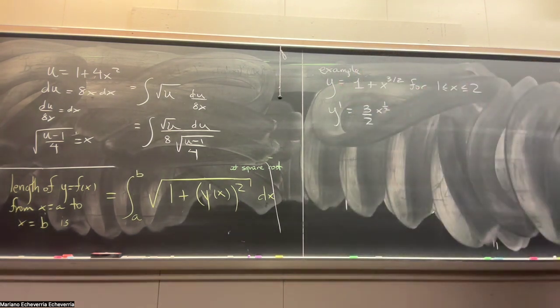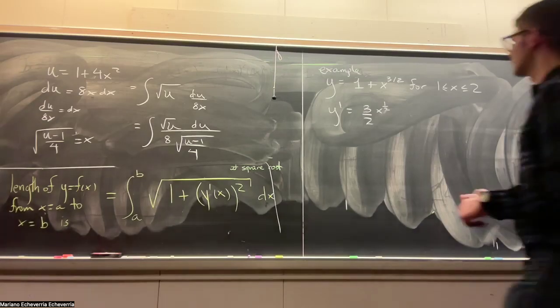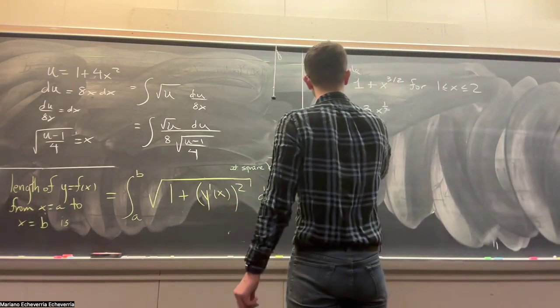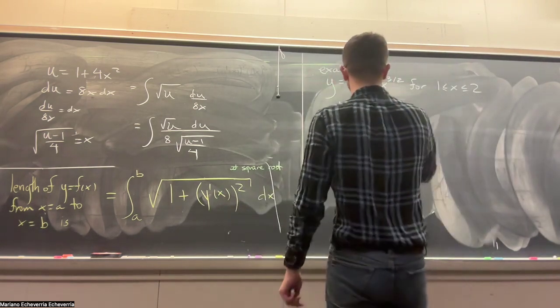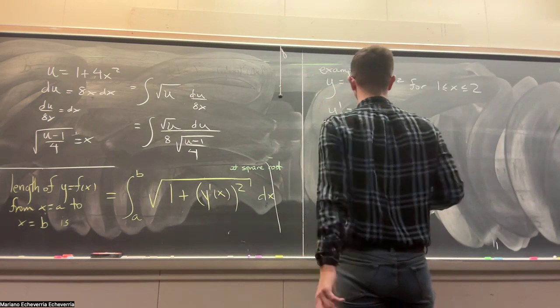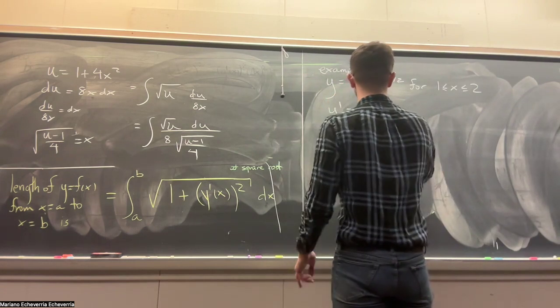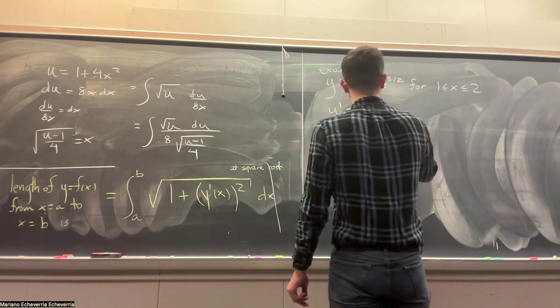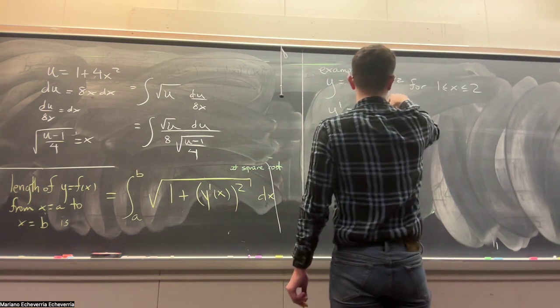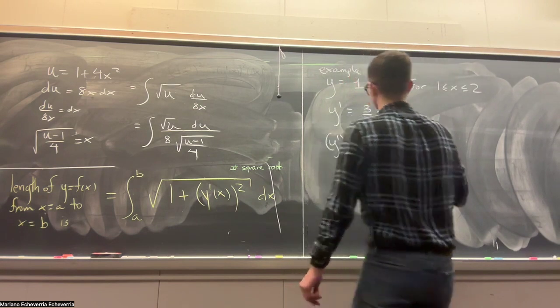And that is where things will become easy, because then you also need y prime squared, right? So y prime squared is 9 divided by 4. Well, with the 1/2, there's a square root, so you just get x, right?